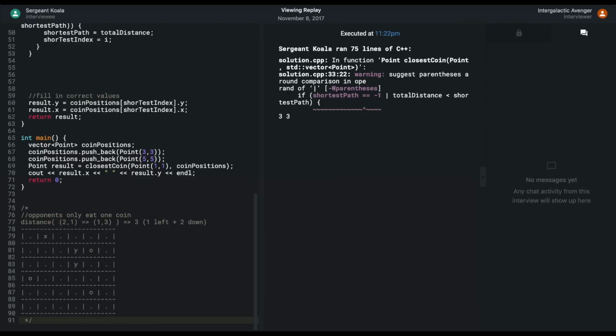I think to make the math work out, I need to do a couple more little things, but you kind of get the idea. So from that algorithm, this coin is the closest to opponent number one, but it is also closest to opponent number two here. So you would only end up eliminating this one coin from your search.